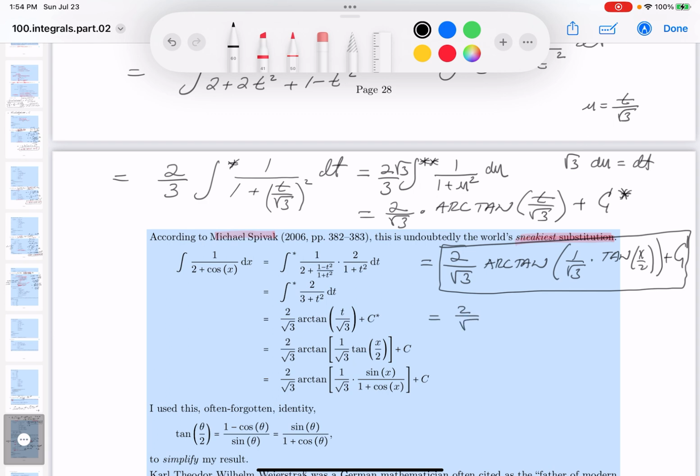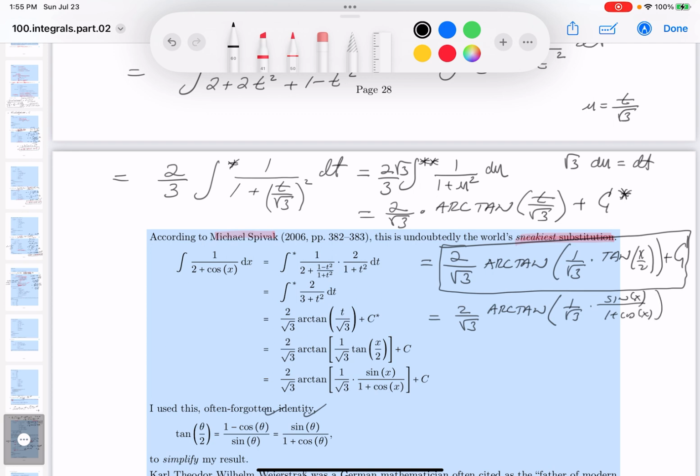2 over root 3, arctangent, 1 over root 3. And the half-angle formula for the tangent function turns out to be pretty nice, by the way. There are 2 different forms of it. I do like this form over the other one, though, sine x over 1 plus cosine x.